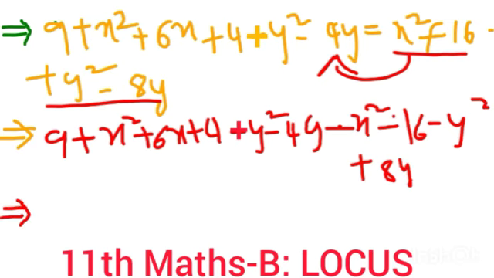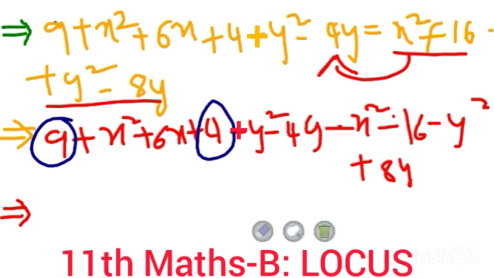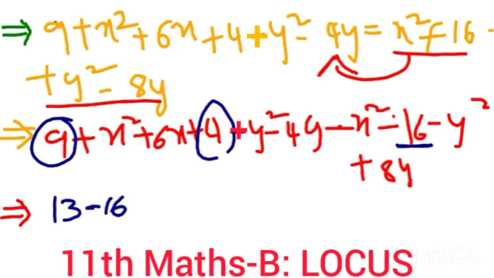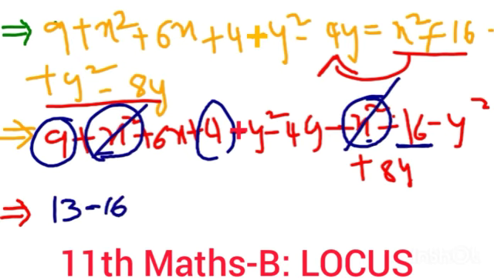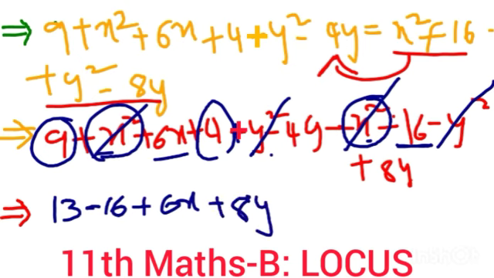The constants 9 and 4 add to 13, and the other constant is minus 16. x square and x square get cancelled, and 6x is written here. Again y square and y square get cancelled, and the remaining is plus 8y and minus 4y.